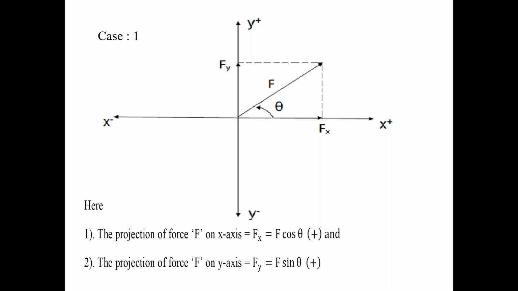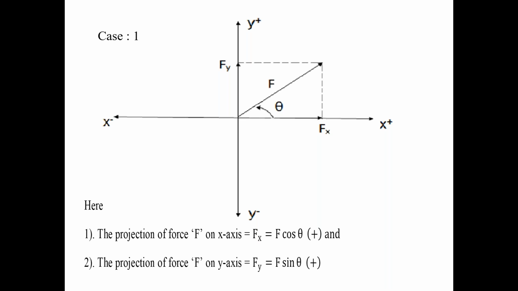Whenever the force F makes the angle theta with the x-axis, the x-axis projection of force F, Fx, is equal to F cos theta. The y-axis projection of force F, Fy, is equal to F sin theta.